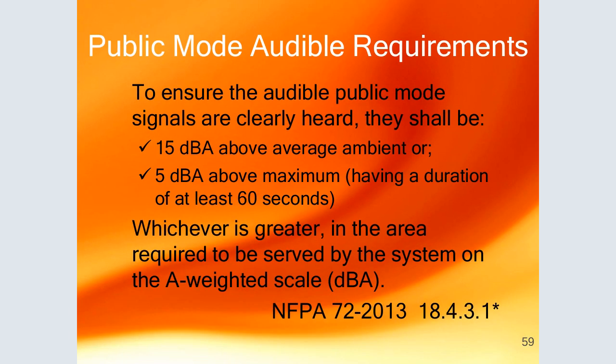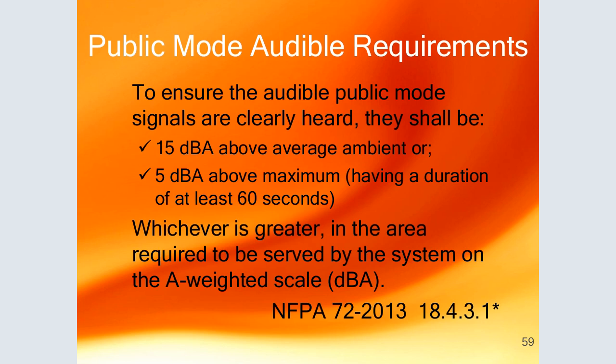Now we have a public module audible requirements. To ensure the audible public module signals are clearly heard, they shall be 15 decibel above the average ambient and 5 decibel above the minimum, having a duration of at least 60 seconds.